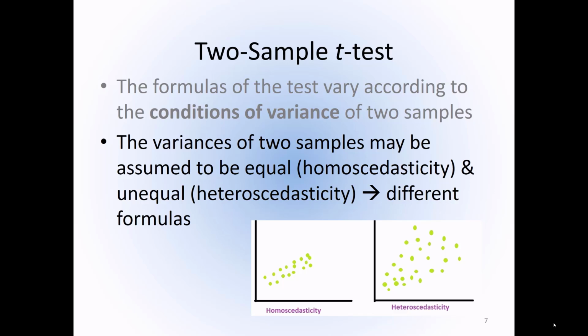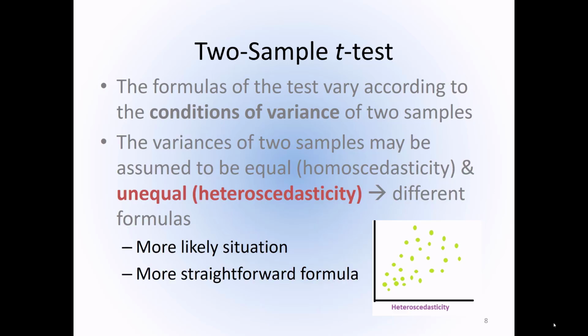We may have two samples that have equal variances, equal variability in their data, but this is pretty unlikely. So in this particular class, we're going to make the assumption that our samples have unequal variances. The reason for this is that the data are likely to vary from sample to sample, and so variance is highly unlikely to be equal across a particular situation.